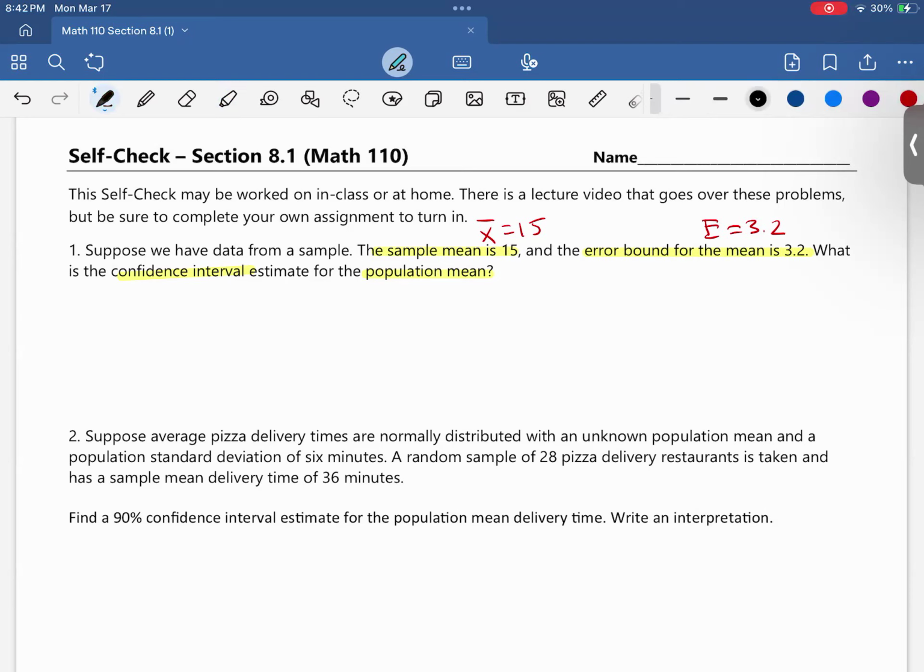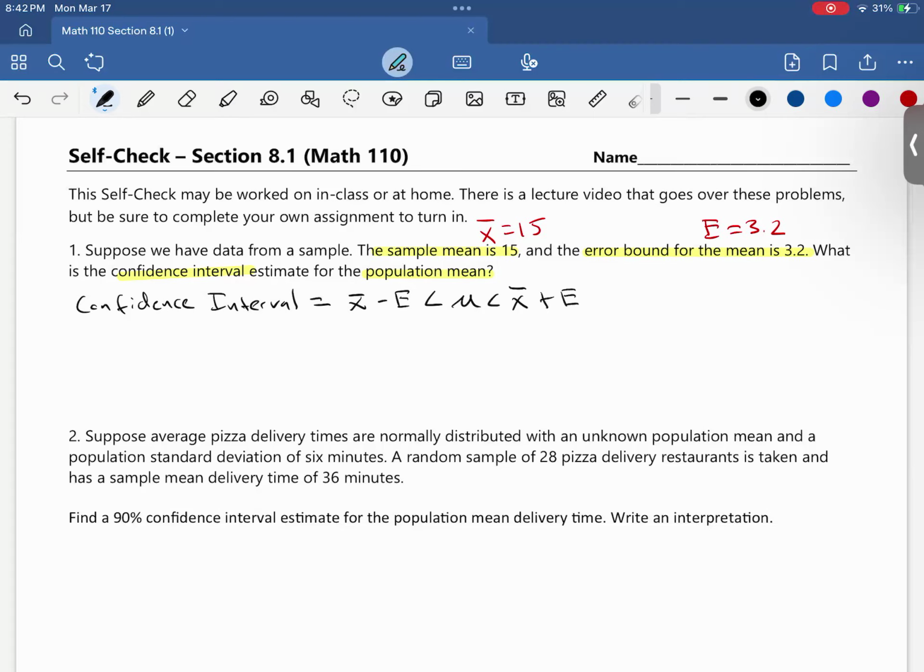So confidence interval, for the confidence interval, we have our mean and error already. So we're just going to write it in form, particularly form number two, where we have an inequality.